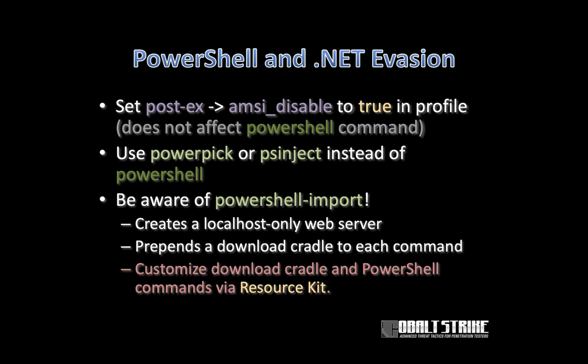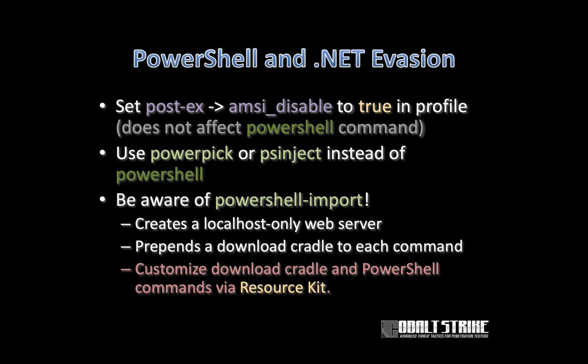How does that work? Well, when you run a PowerShell script, Cobalt Strike will stand up a localhost-only web server that hosts your PowerShell script that you imported. It will then prepend something called a download cradle to each command you run with PowerPick, PSinject, or PowerShell.